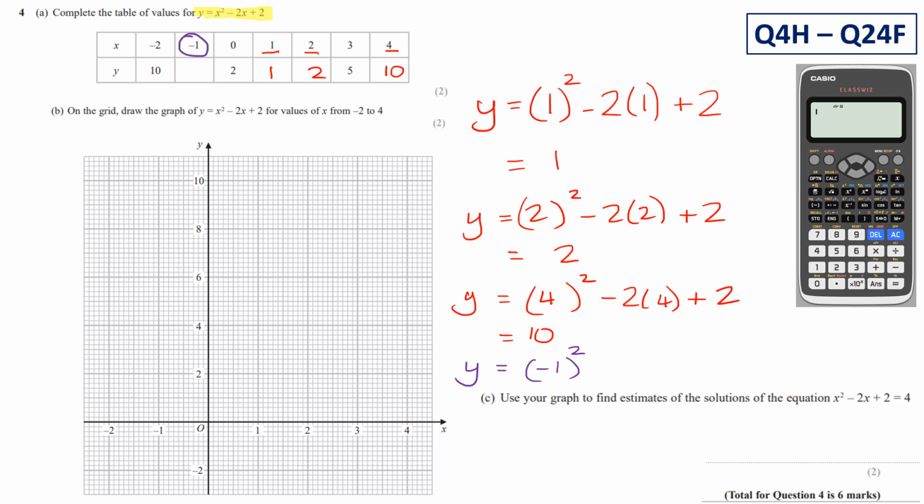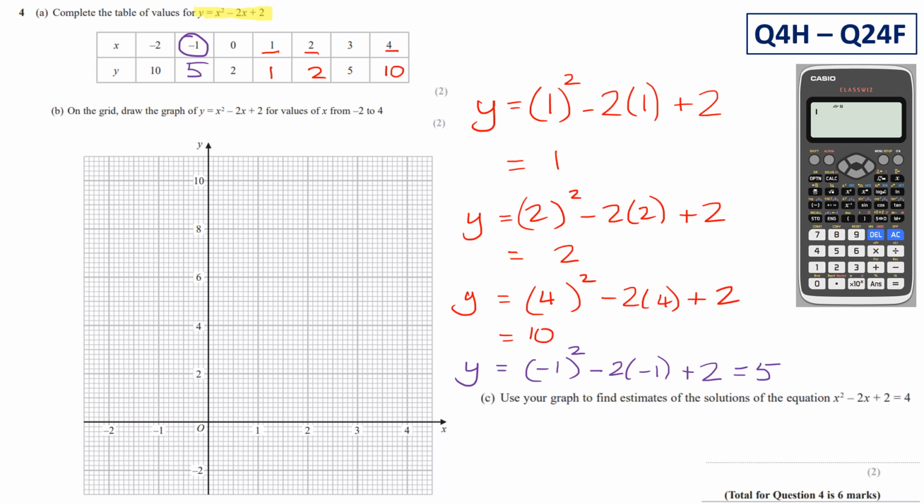So I do -1 all squared minus 2 multiplied by -1. Add the 2. -1 squared is +1. -2 times -1 is +2. So I get 1 plus 2 plus 2, which gives me 5. And so 5 goes into this value here.